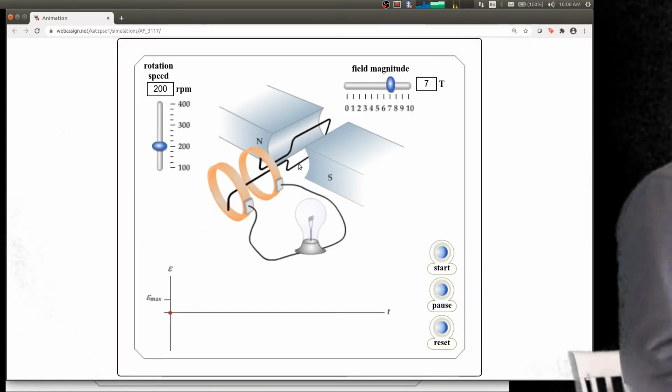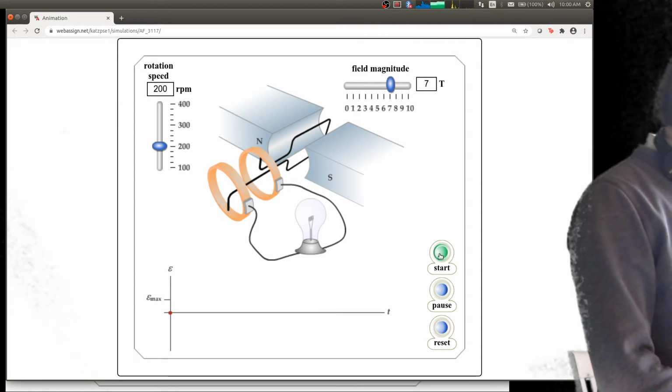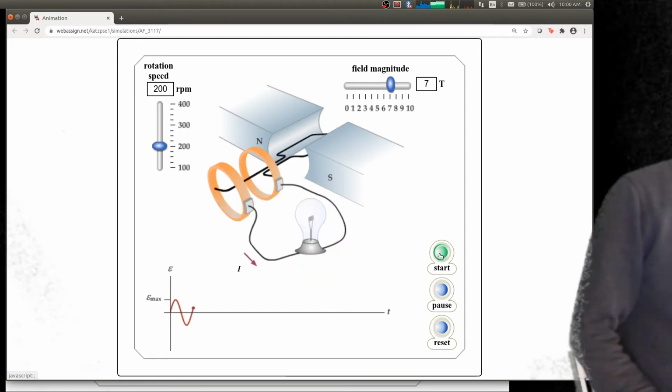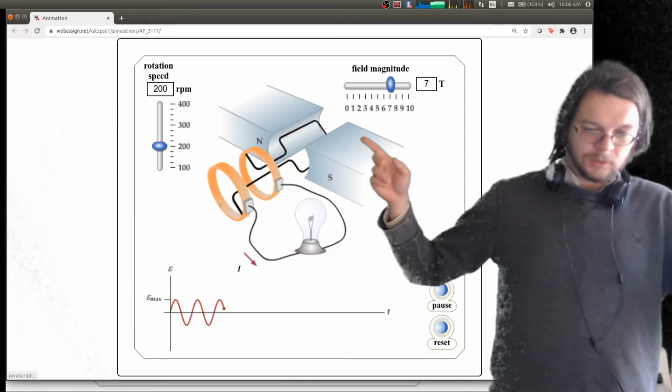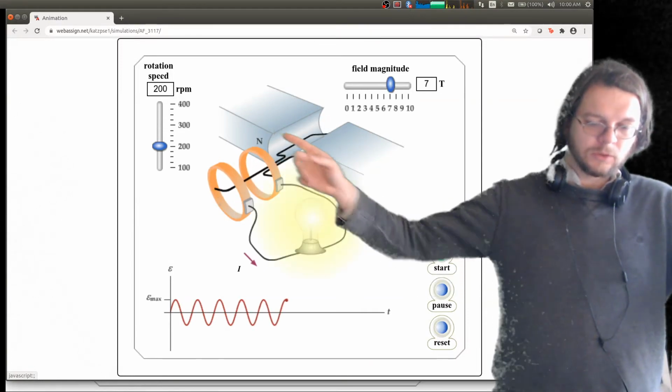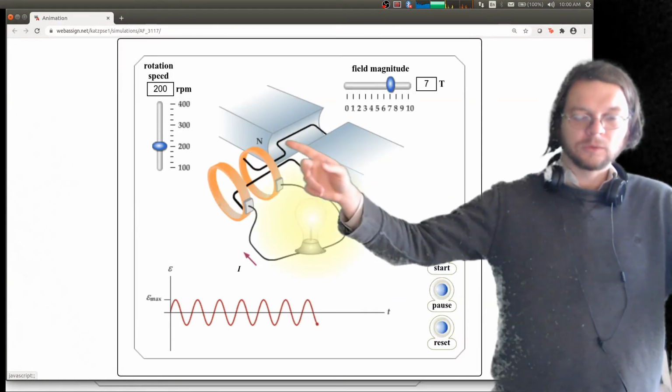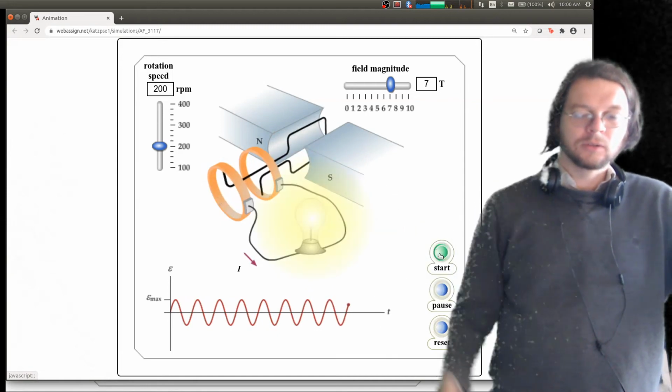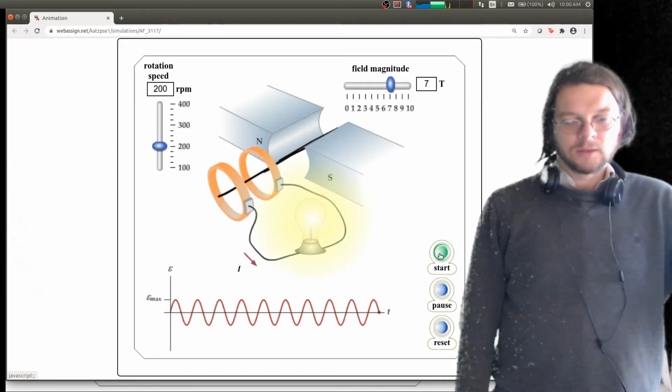But in any case, there's this contraption that rotates around. You can see there's a permanent magnet here. So there's a relatively uniform magnetic field in here that's not increasing or decreasing.